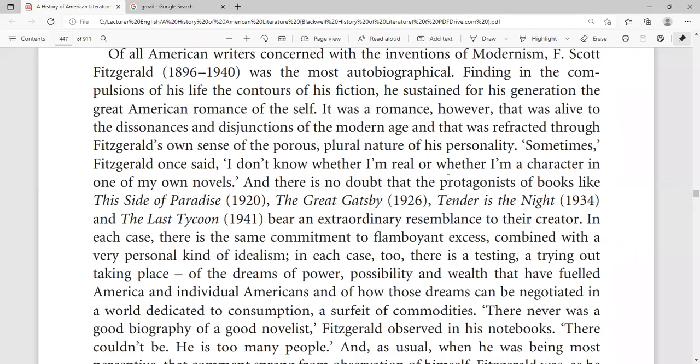One of the American ideals is the American dream.